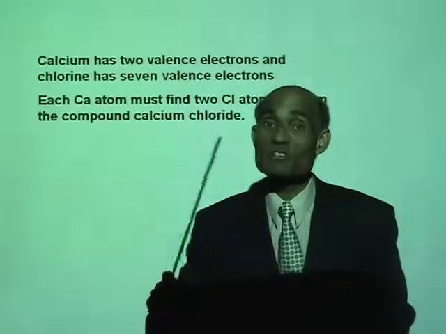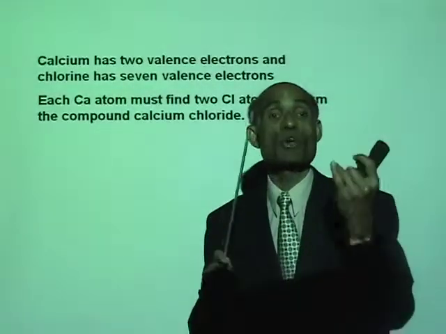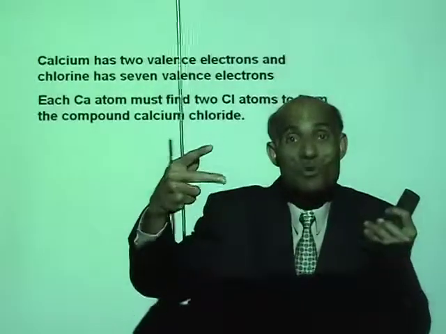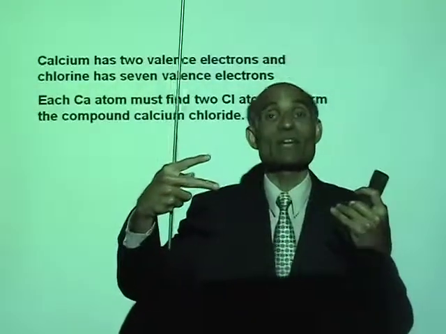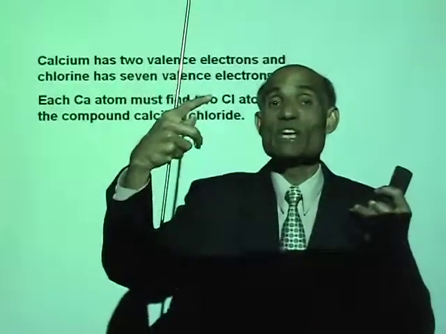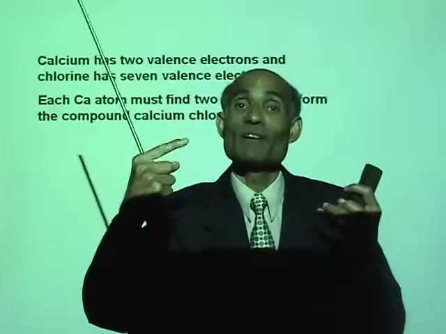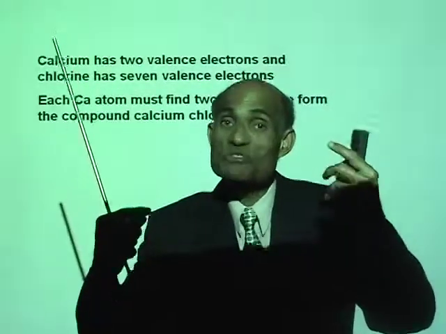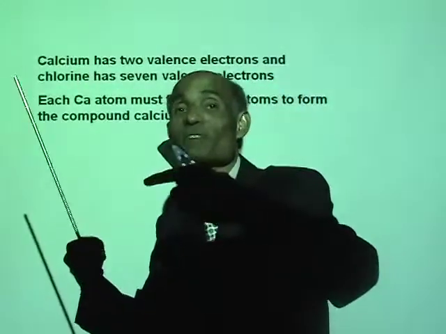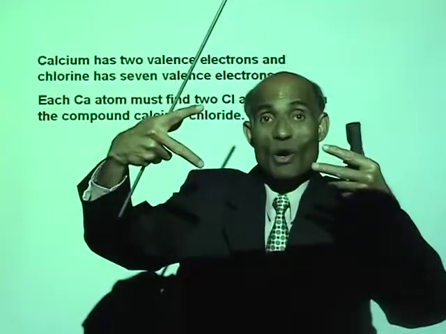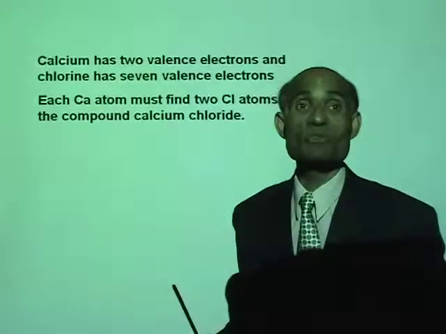So, in calcium chloride, there is going to be 1 atom of calcium and 2 atoms of chlorine. Why? Because each chlorine can only take in 1 electron. And each calcium has 2 electrons to give. So each calcium now has to find 2 chlorines to share those 2 electrons with.